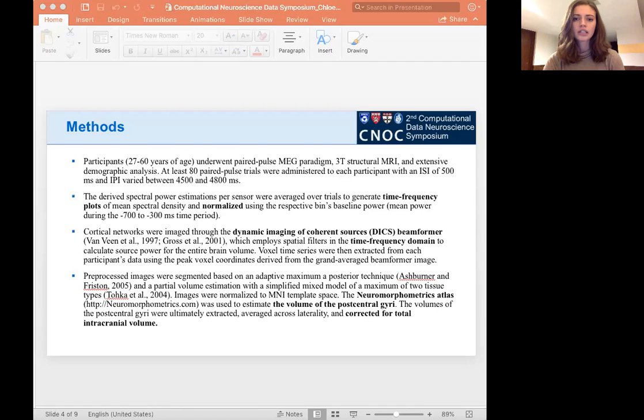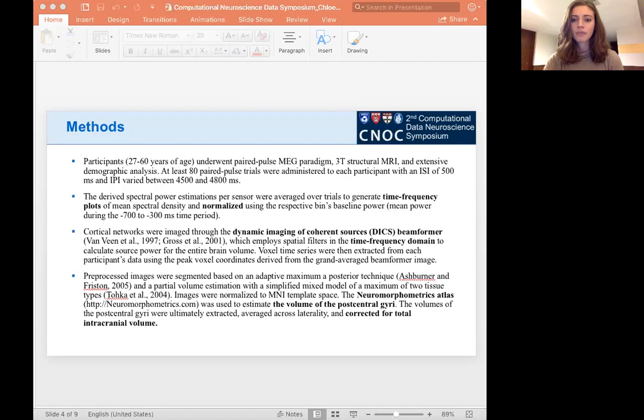From the artifact-corrected MEG preprocessed data, we derived spectral power estimations per sensor and averaged over trials to generate time-frequency plots of mean spectral density. These were normalized using the respective bin's baseline power from the -700 to -300 millisecond time window preceding stimulus onset.